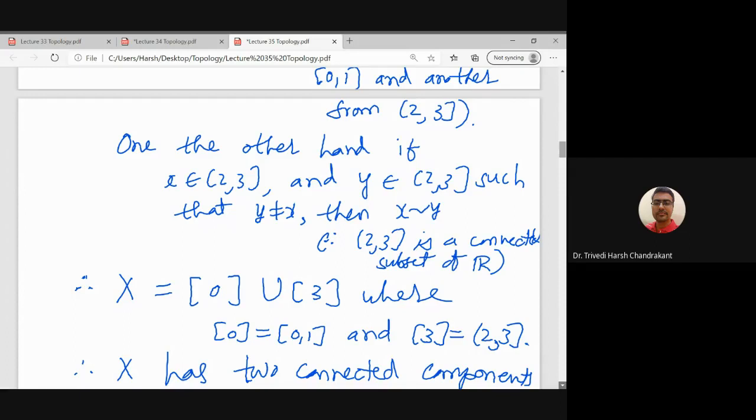In particular, I have taken this point 0, which is in the closed interval [0,1]. All points which are related to 0 are the points of the closed interval [0,1], and therefore the equivalence class of 0 is [0,1]. Similarly, the equivalence class of 3 is the interval (2,3].